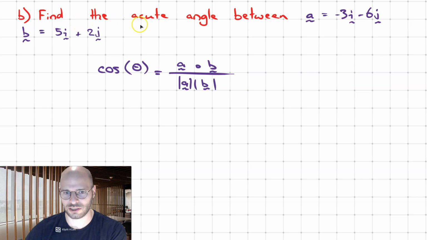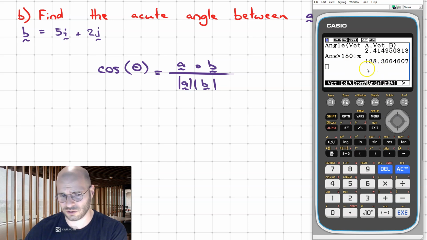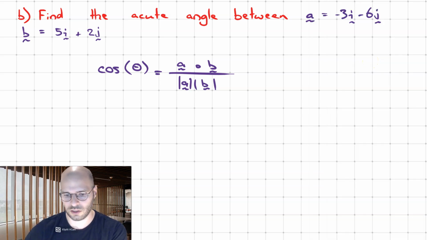Now remember, the question is asking for the acute angle. And this really showcases the limitation of the angle function here. It's going to either give you the acute or the obtuse. It doesn't really give you a choice. But what we can do is we can force this. The way in which we can force it is we can throw the absolute symbol up here to show that we're going for the acute angle.